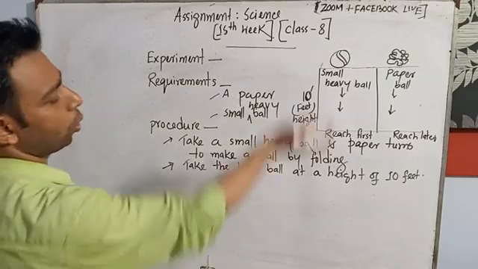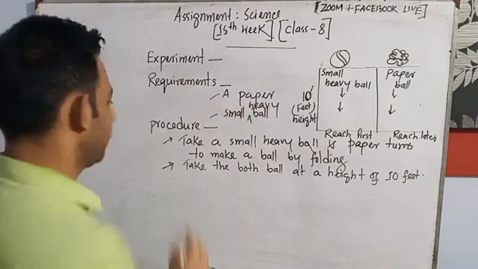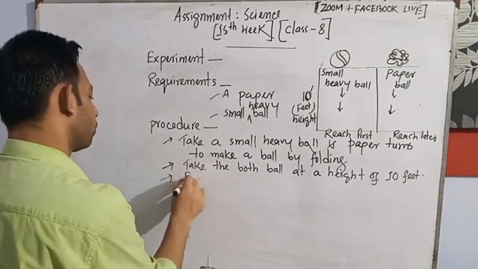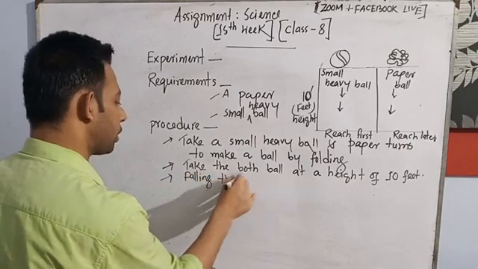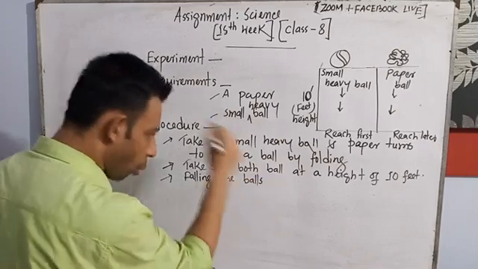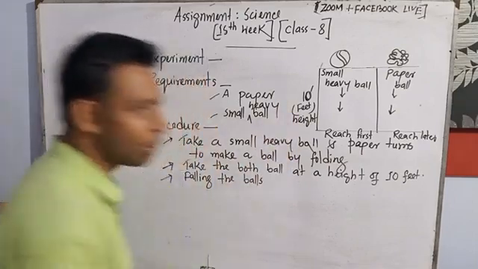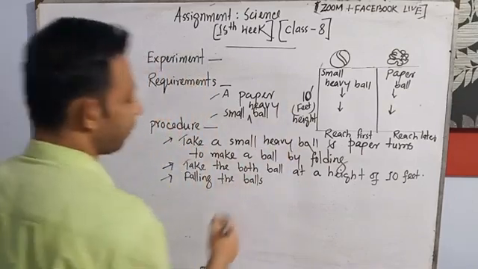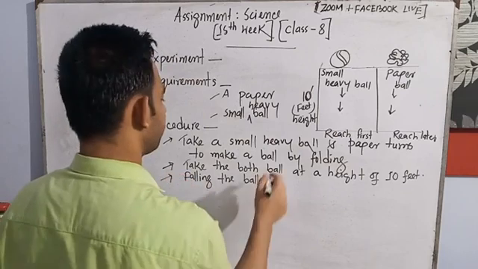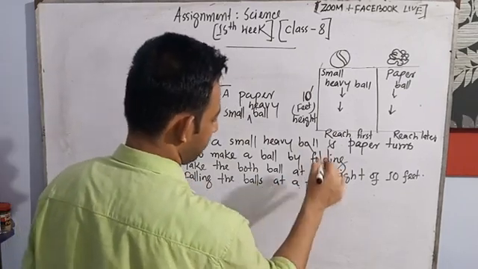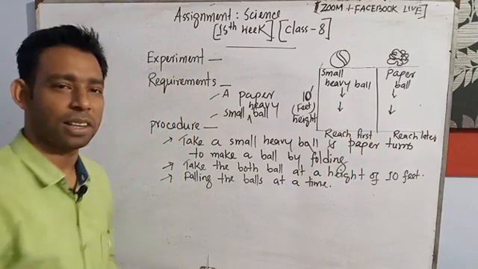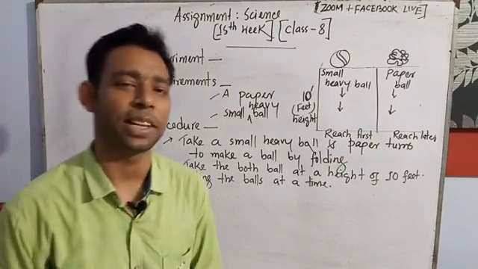The height of, take both balls at a height of 10 feet. Now falling the balls. Which balls? Heavy balls and paper balls. Falling the balls at a time. Experiment procedure done. Complete the experiment.